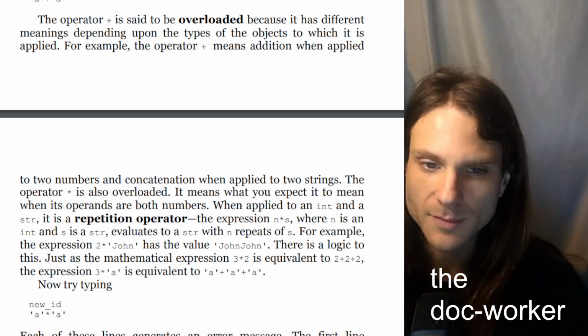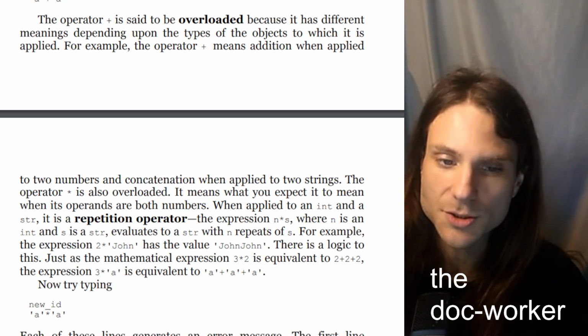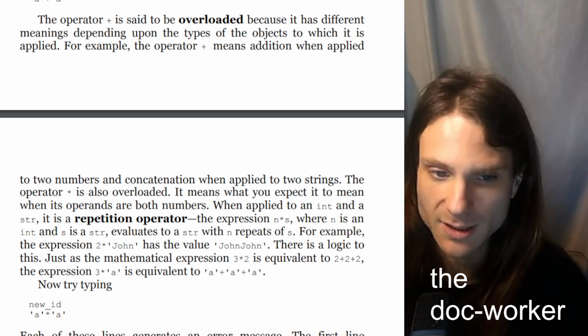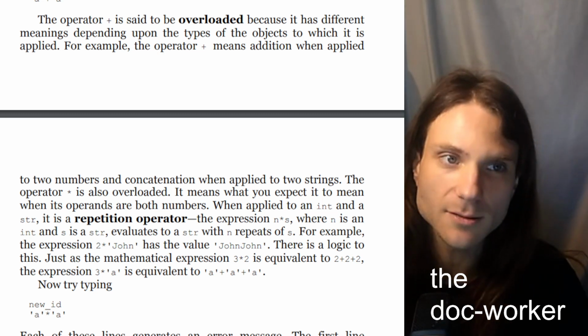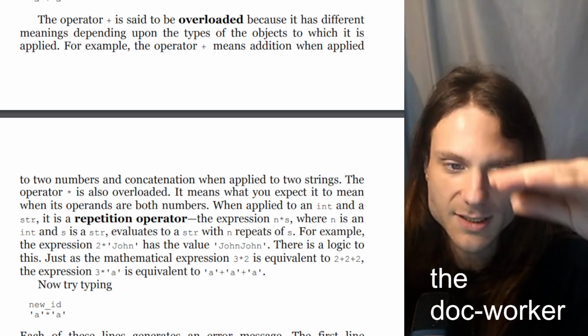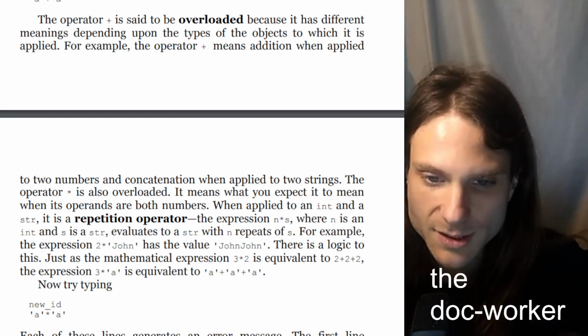For example, the plus sign means addition when applied to 2 numbers, and concatenation when applied to 2 strings. Concatenation means literally chaining together, from catenare, and that's when you chain strings together. It's not the same as addition.